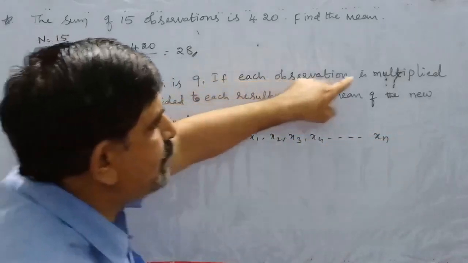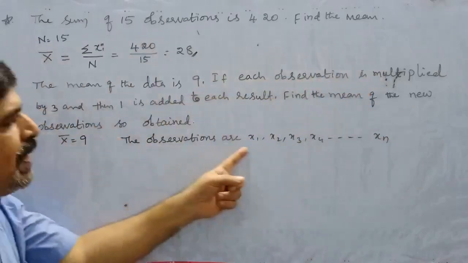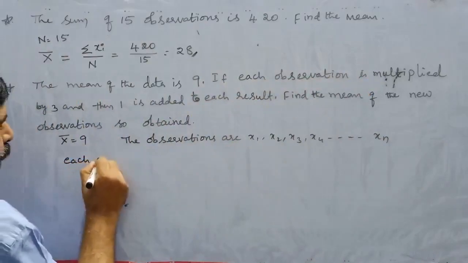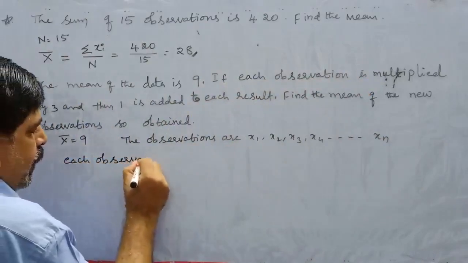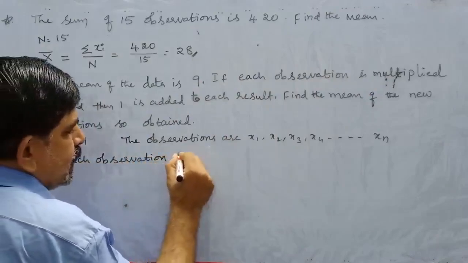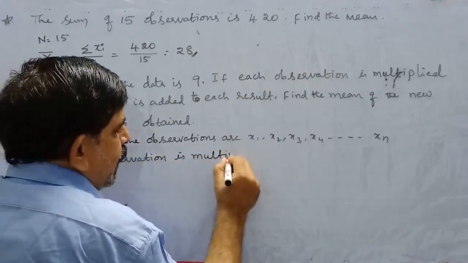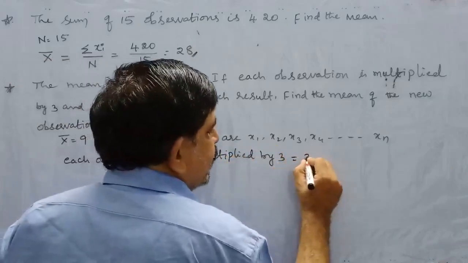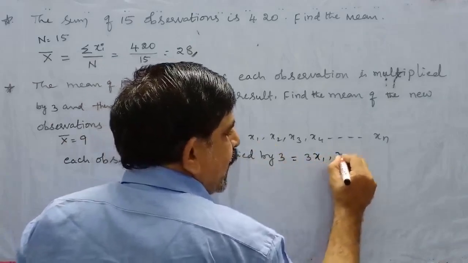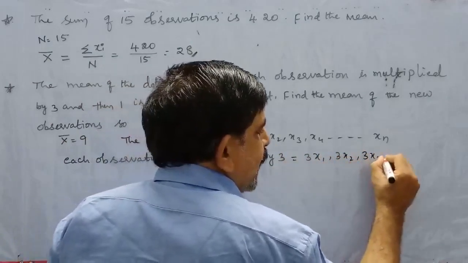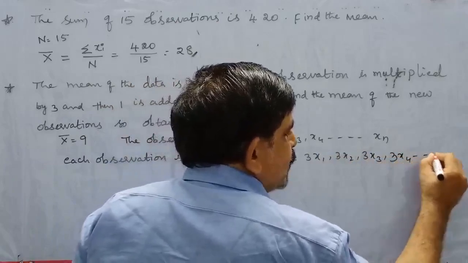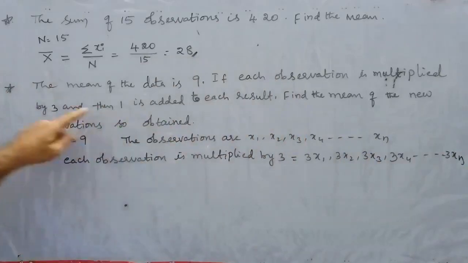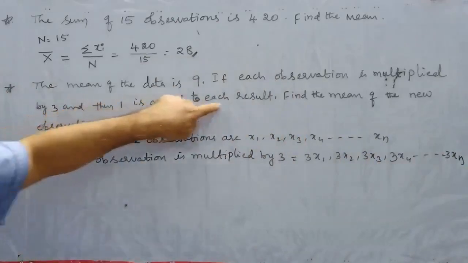Now, if each observation is multiplied by 3, you multiply each observation by 3. So what we get? 3x1, 3x2, 3x3, 3x4 and so on, 3xn. Now after that what we have to do? Then 1 is added to each result.